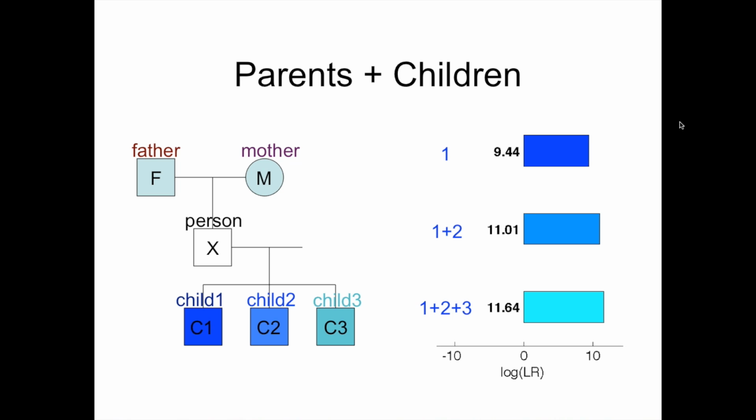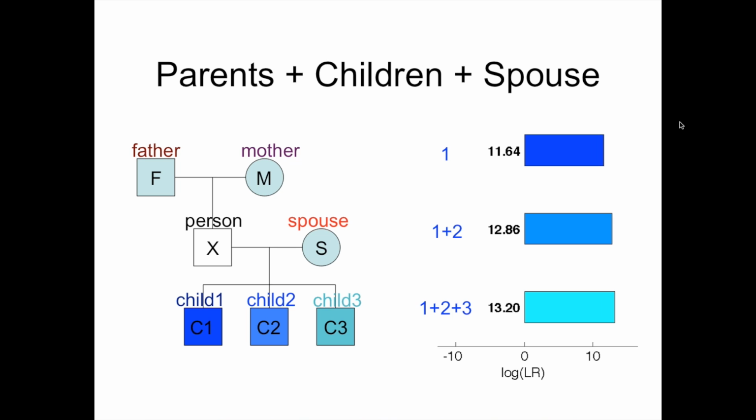So the parents are a very good constraint. The more data you have, the more constraints you have that restrict the possibilities of what a genotype can be or what their probabilities can be, and that thus sharpen the genotype and strengthen the likelihood ratio.